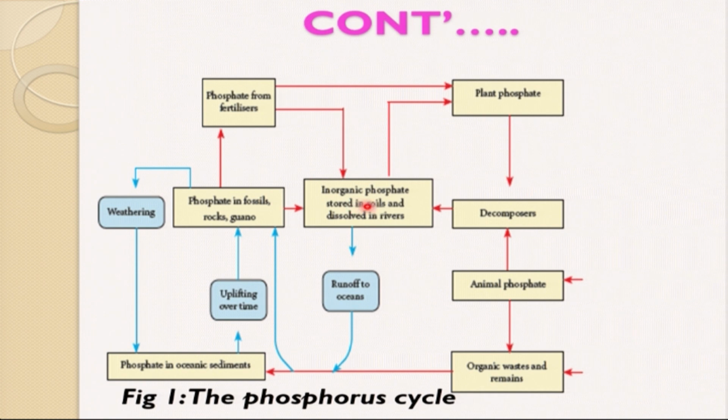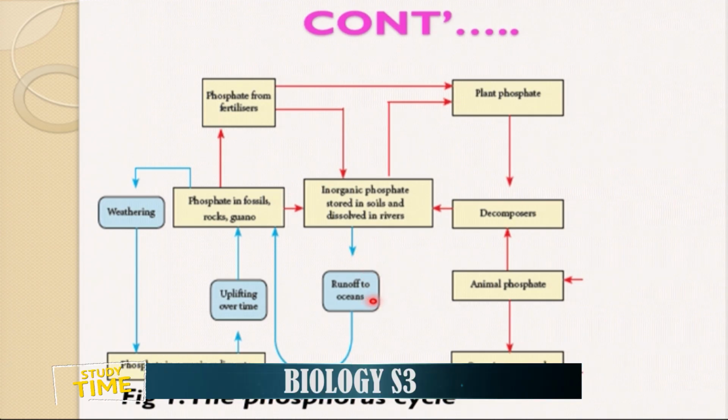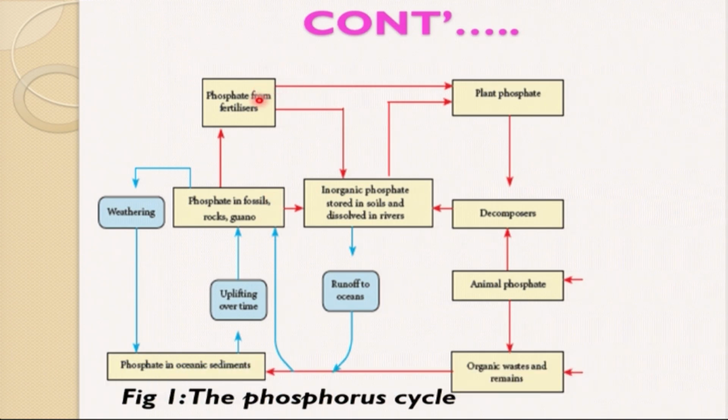Because it is in the soil, because of rain, it can also run off to the oceans, and it can also be released back to the fertilizers, which is going to be consumed by the plant. This is decomposition. We have another process, which is called absorption.